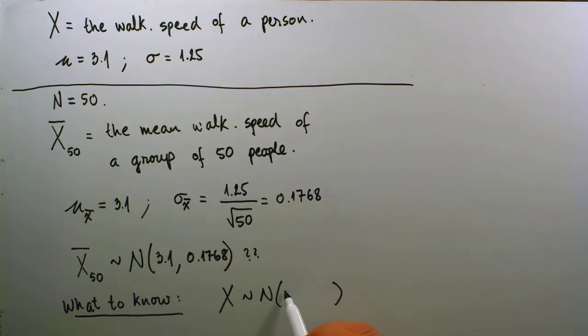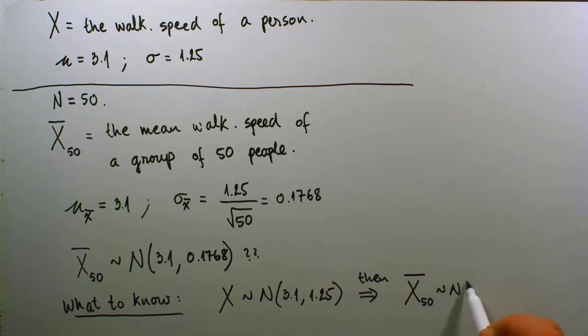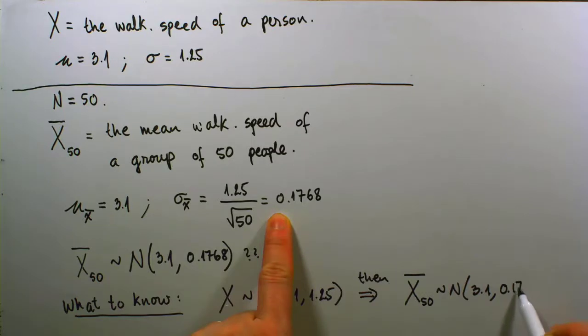For example, in our case, a normal distribution at 3.1 with 1.25 for standard deviation. If we had this, then this arrow of mine means we would automatically be able to conclude that capital X bar 50 would be on the bell curve as well, centering at 3.1 but with standard deviation 0.1768.